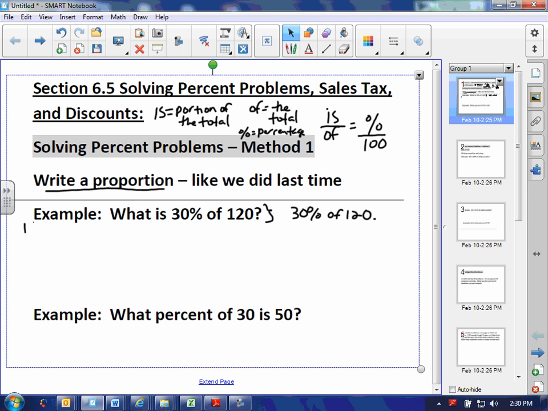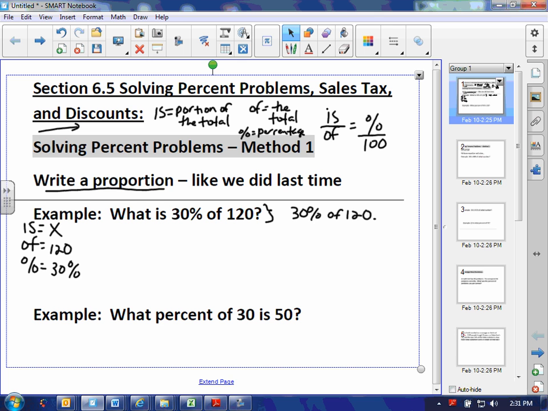With that said, I like to label what my is would be. Since we're finding the portion or the part of the total, that's going to be x. My of, my total, would be 120, and it's obvious that my percent is 30%.